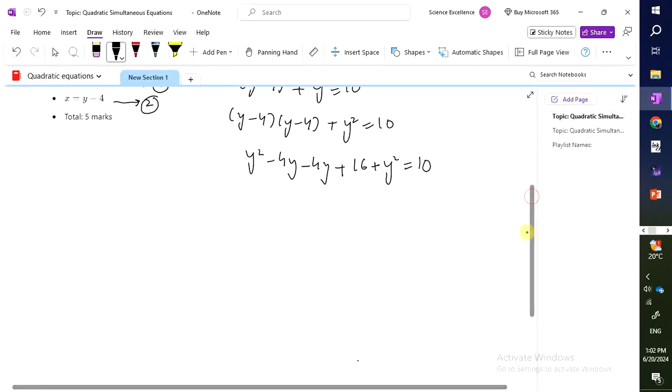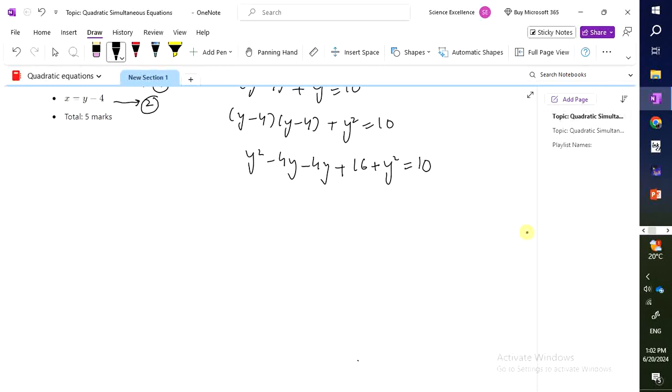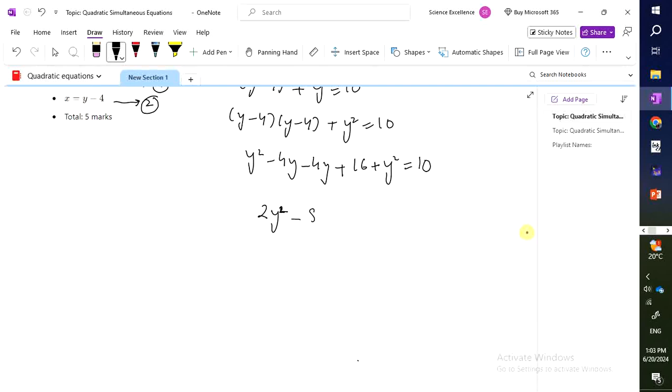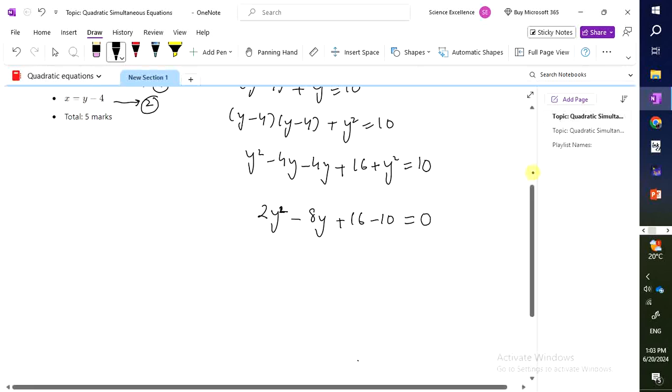Now we have to collect the like terms together. So y squared plus y squared will be 2y squared, minus 4y and minus 4y will be minus 8y, plus 16 as it is, and if you take 10 to the left hand side of the equal sign, it will be minus 10, equals 0.